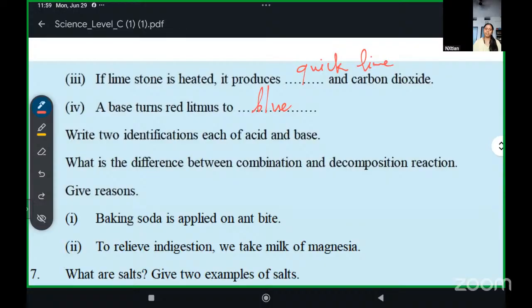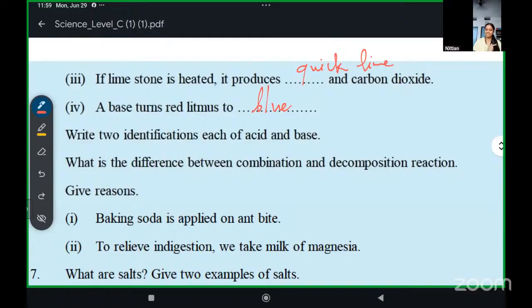Yes, that can be a property of acids. That is right. But you should know that there are some exceptions to this also. Some acids do not react with metals and some metals do not react with acids.